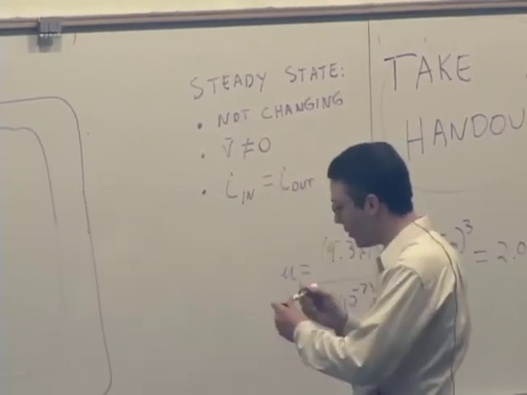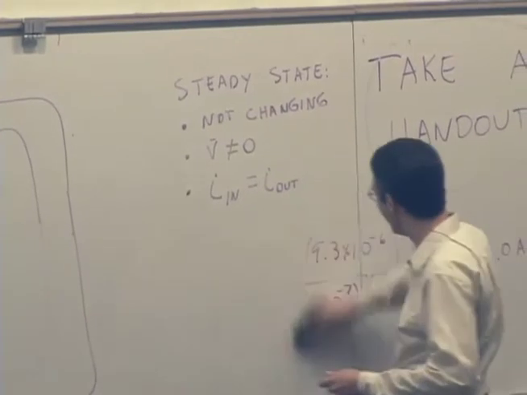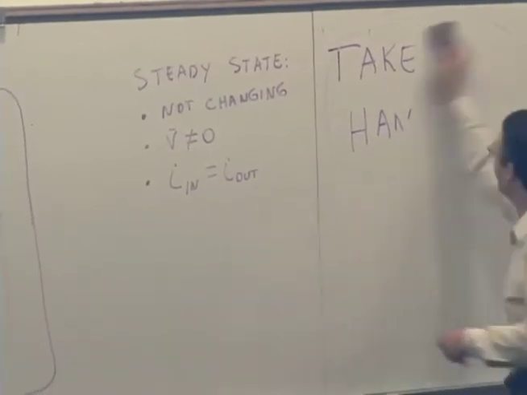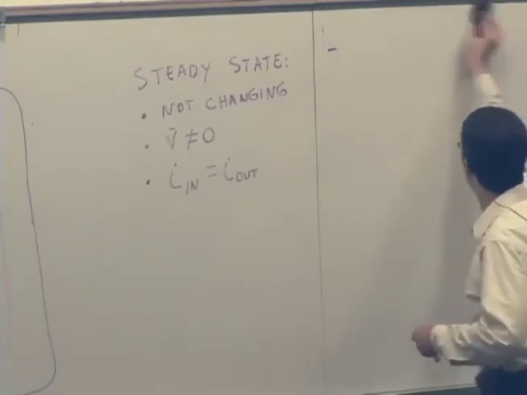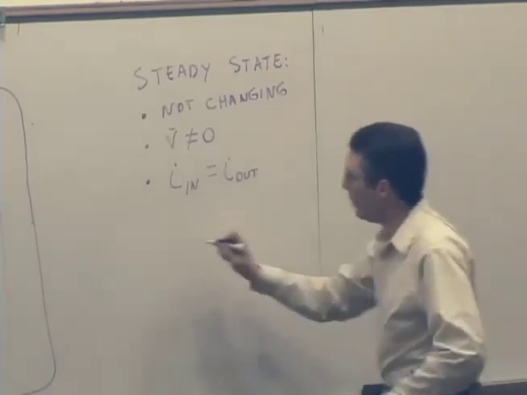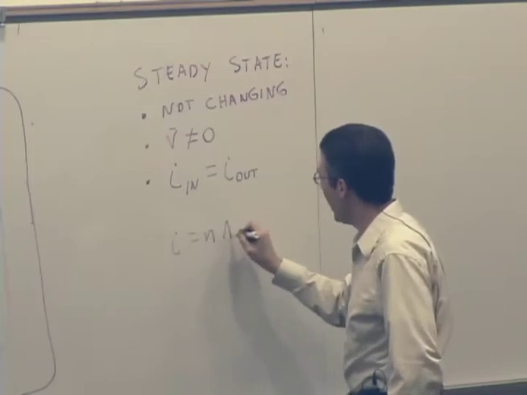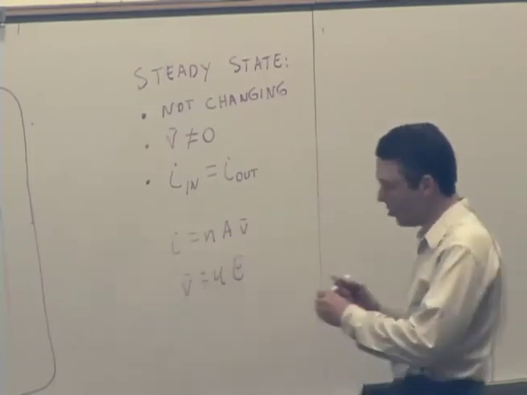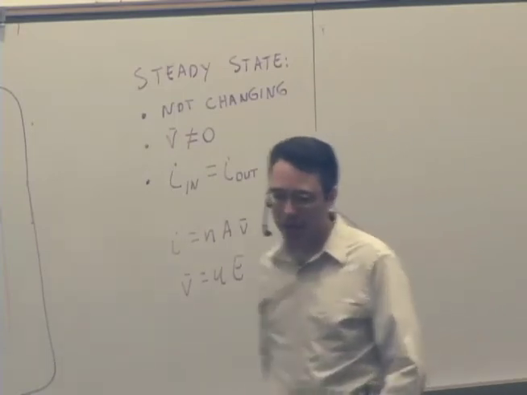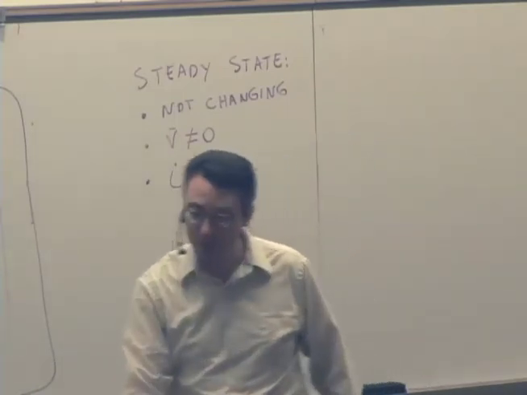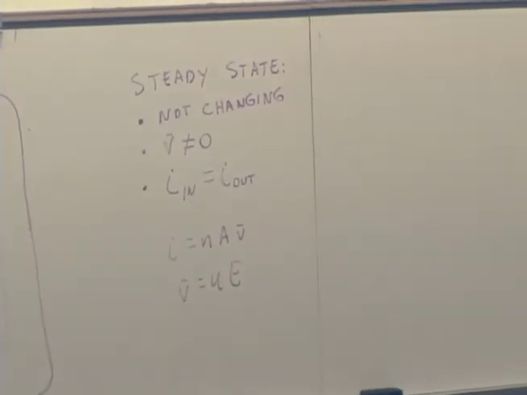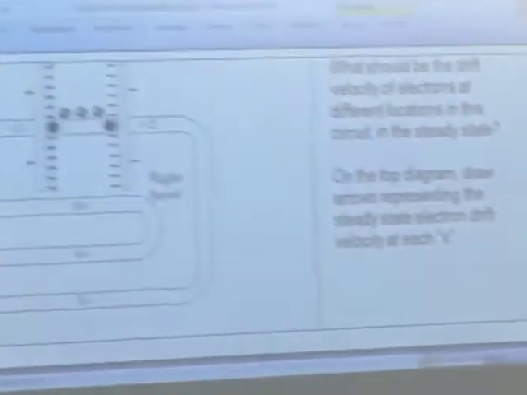Current conservation, or charge conservation plus the steady state, says that current in is equal to current out. And then we also know I is equal to N, A, V, and V is equal to U, E. So just reminders there. So just take a minute, draw the arrows, draw the velocity vectors that represent the electron drift velocity at each little x on the top part of the diagram.